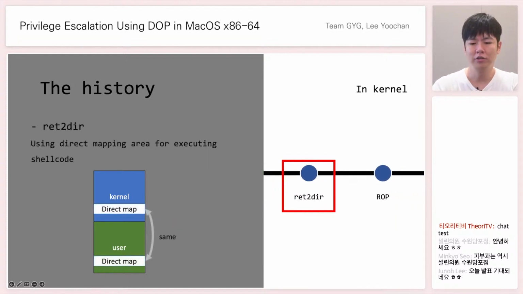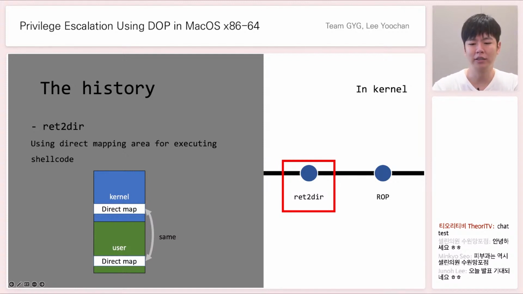Return to direct map is a technique that was invented when the user area became unusable. In the kernel, there is a direct map that mirrors the same memory as user space. The attacker used the direct map to store shellcode or ROP gadgets and exploit by using them.